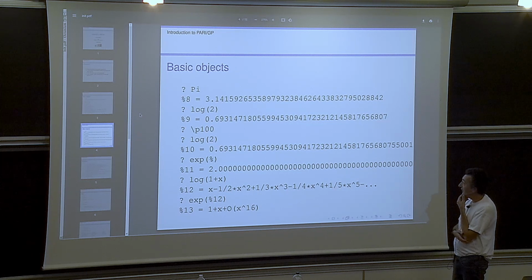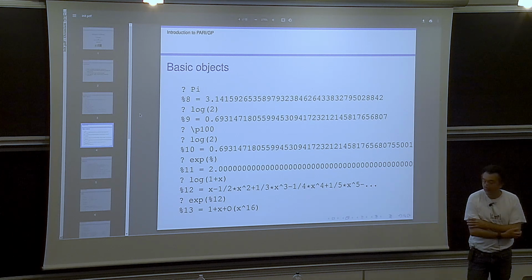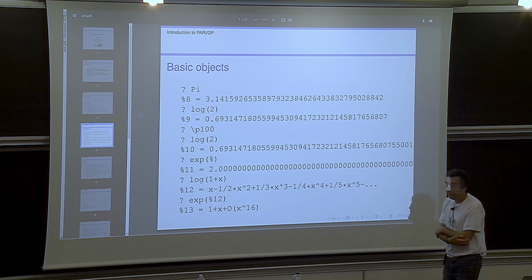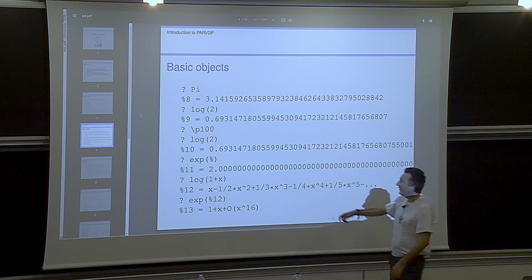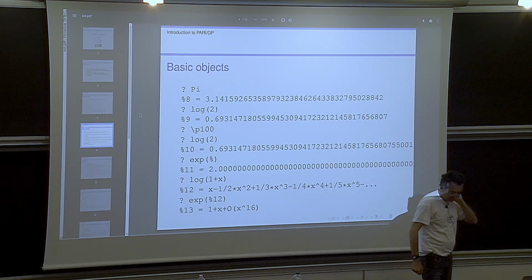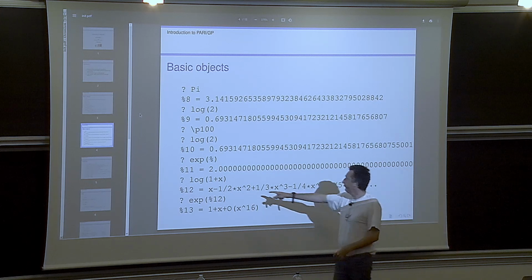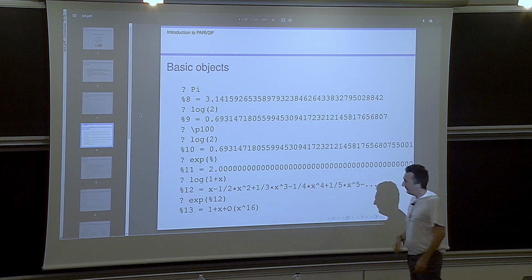And we have also another kind of approximate object, which is power series. So when you do a log of 1 plus x, since it's not a polynomial, you will consider it as a power series. And the default precision is 16 terms. So you get 16 terms.